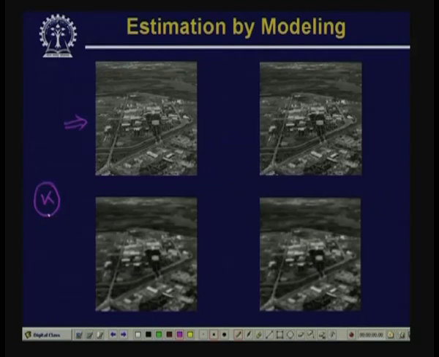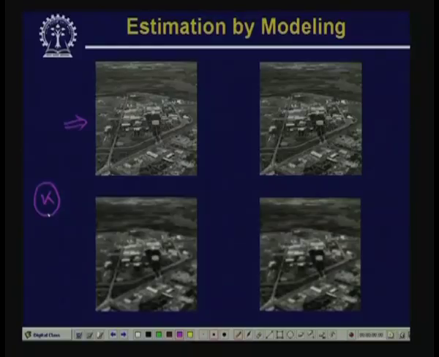A low value of k indicates the disturbance is very low, and a higher value of k indicates the disturbance is very high. Here this image has been obtained with a very low value of k, this image with a very high value of k, and this image with a medium value of k. So you find how the degradation of the original image changes depending upon the value of k.